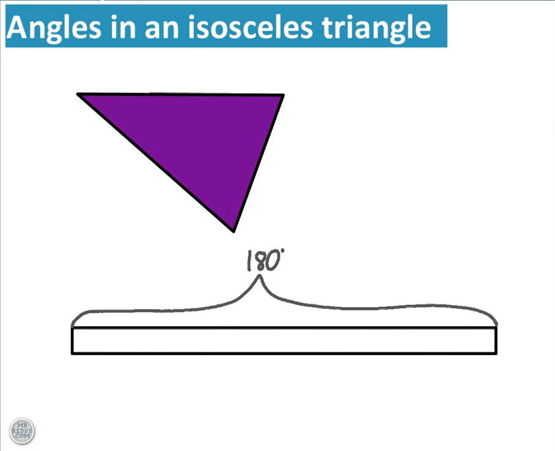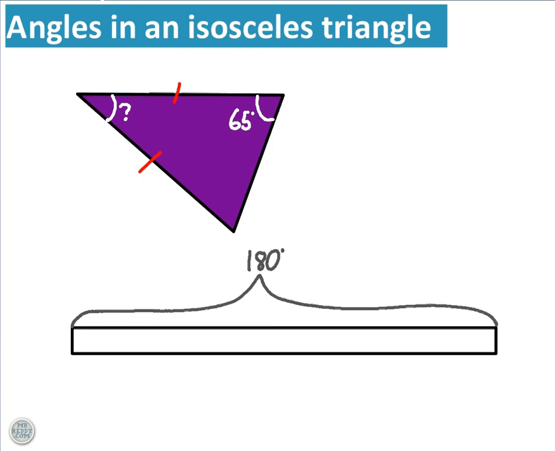Now if it was the other way round and you were told that this was 65 degrees and you're asked to find this one, and you are told that this is an isosceles triangle, you might be thinking, well, I've only been given one angle, how am I going to find the missing one?